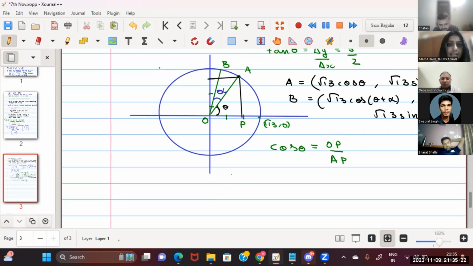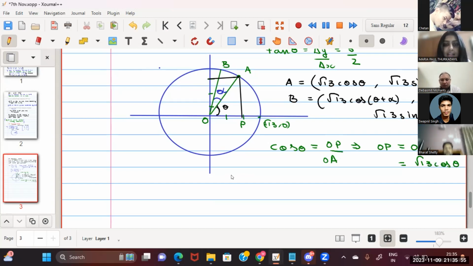So OP by OA, and OP is the x coordinate, this distance. This implies OP is equal to OA cos theta. And OA is the radius of the circle, which we know because we have taken the magnitude to be root 13, so root 13 cos theta.